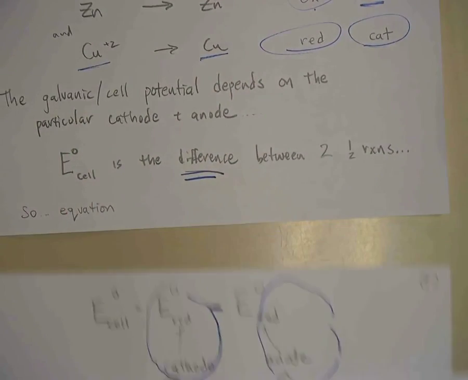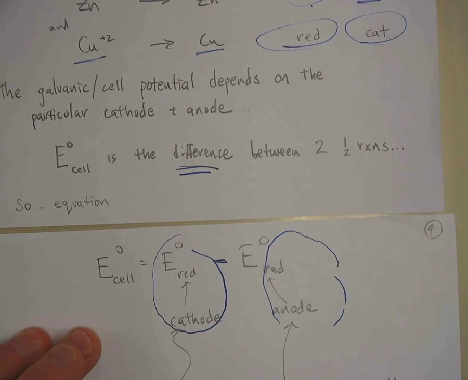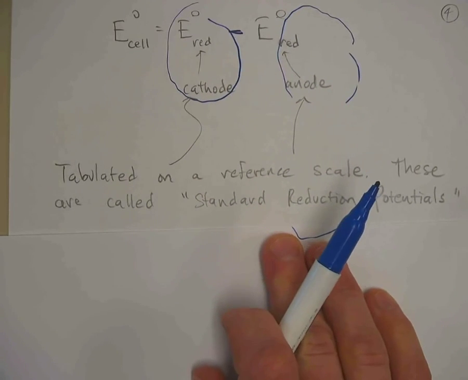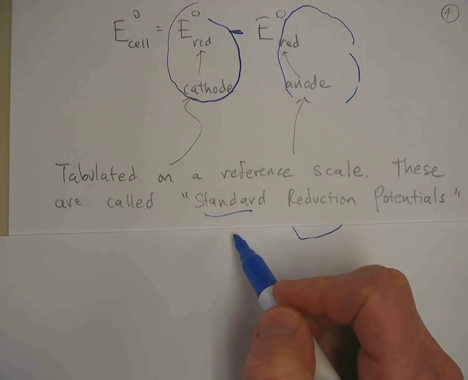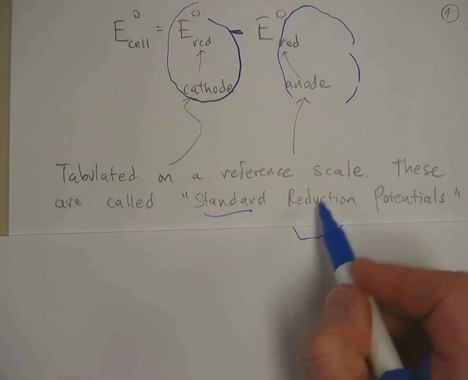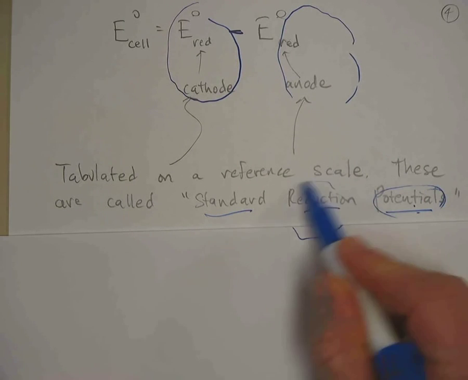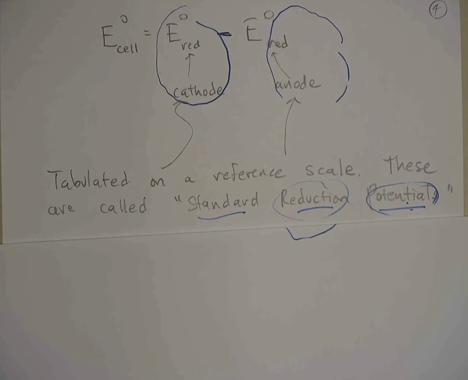Well, they're tabulated for us. There's a big reference table called the standard reduction potentials. Now read those words really carefully. Standard means 25 degrees Celsius, 1 atmosphere, 1 molar solution. Reduction potential means possibility or potential to be reduced.